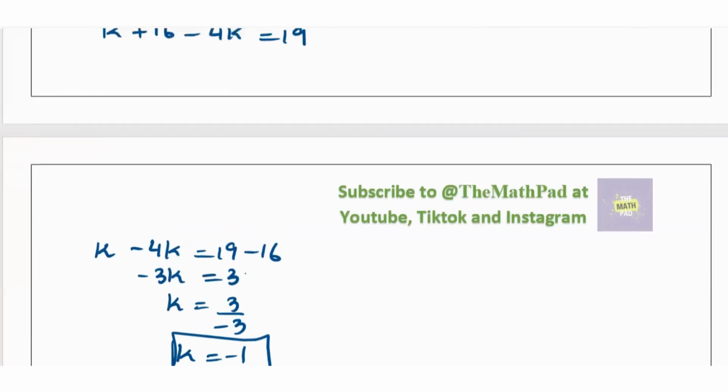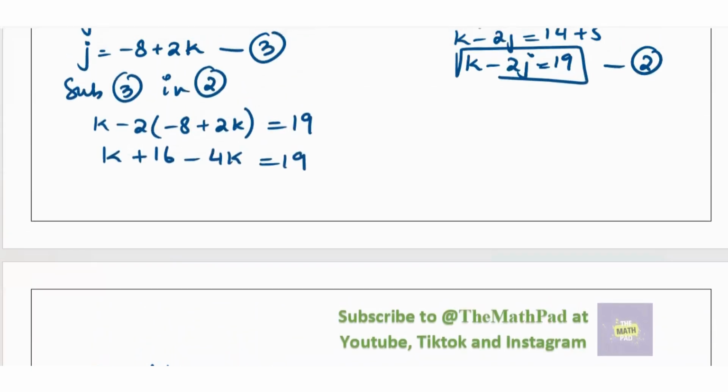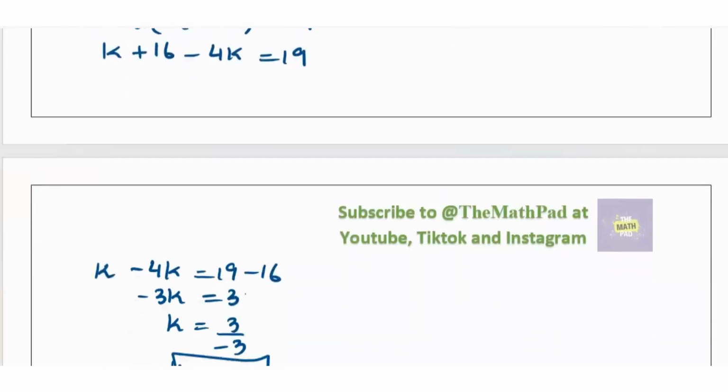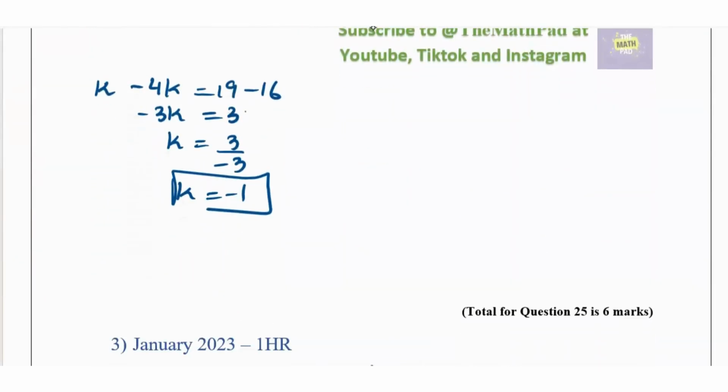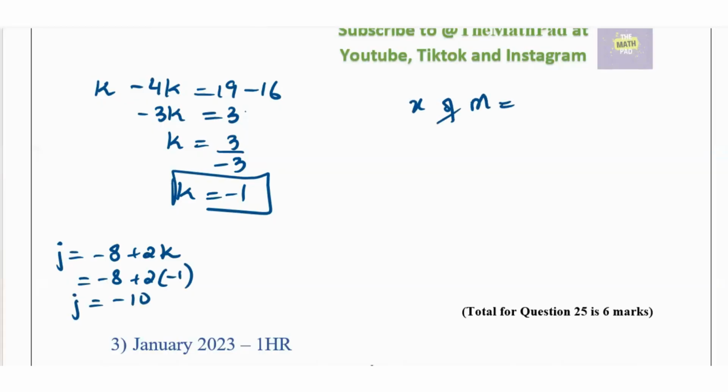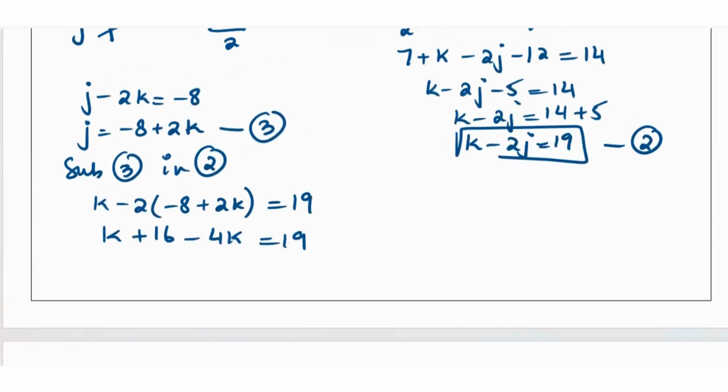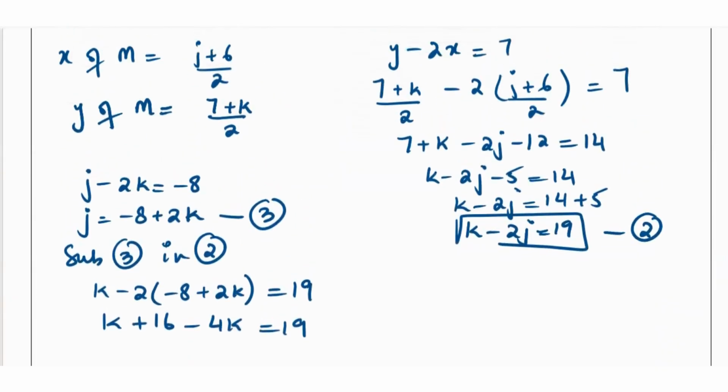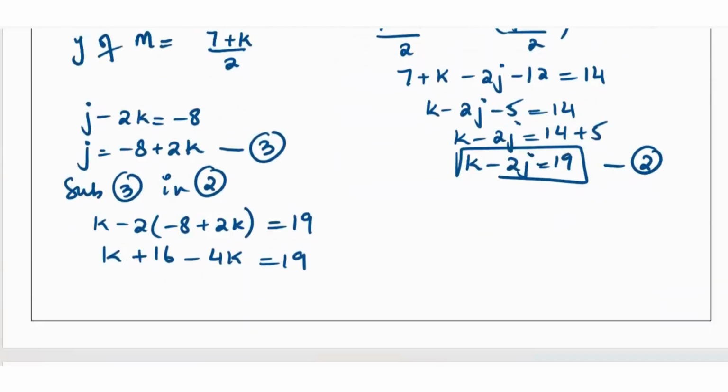So j was negative 8 plus 2k. So negative 8 plus 2 times negative 1, that's negative 10. So x of m is going to be (j plus 6) over 2, and y of m is (7 plus k) over 2.